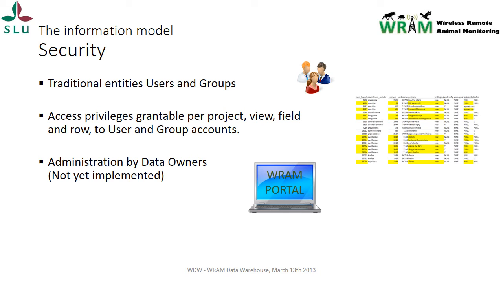Together, this provides data owners full flexibility in granting and restricting user access to their data. Although not yet implemented, data owners will be able to manage security via the WRAM portal. The model implements a traditional security structure of users and groups.